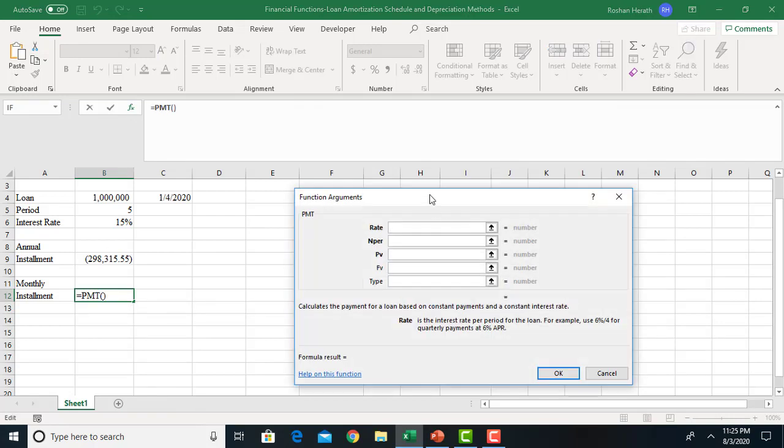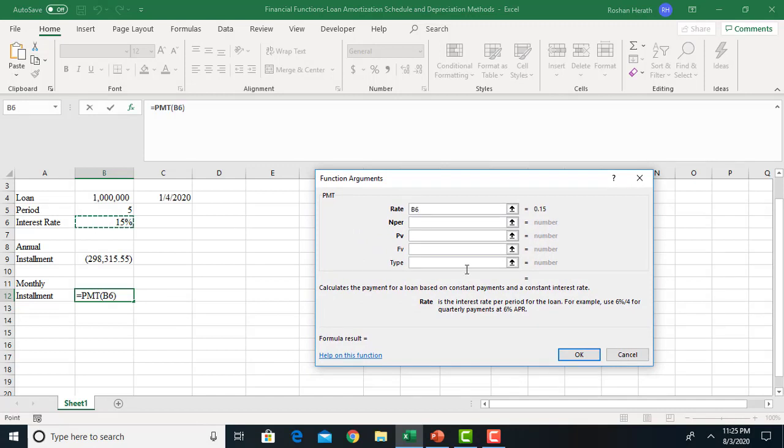In that, you would take the rate, 15%. But remember, this is an annual interest rate. So you need to convert that into a monthly interest rate. You can simply divide this by 12.